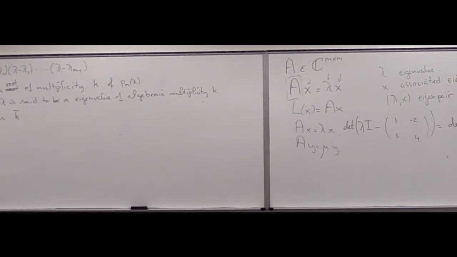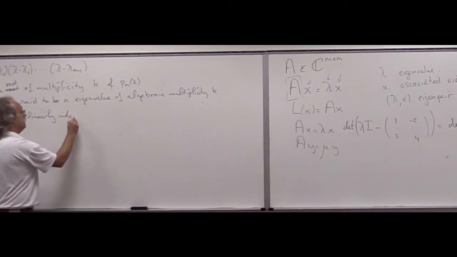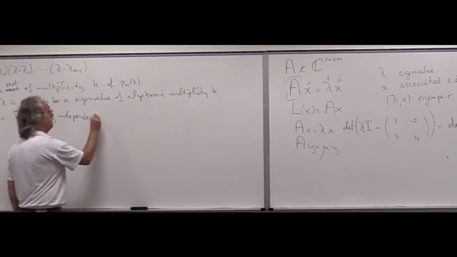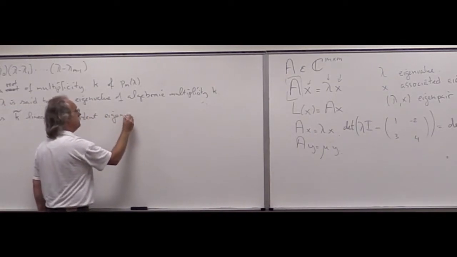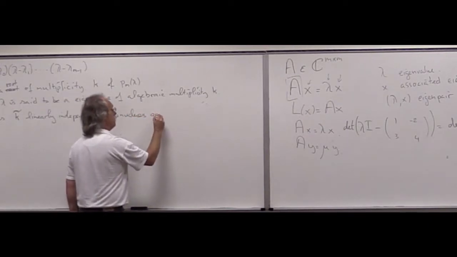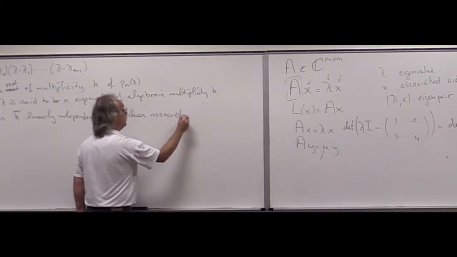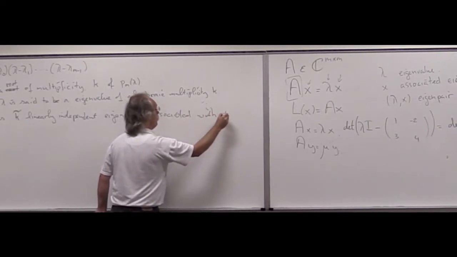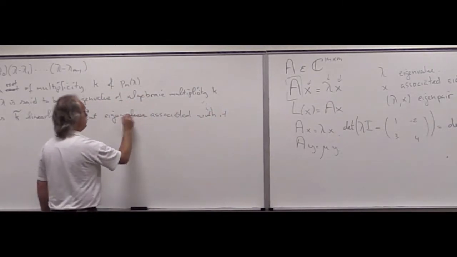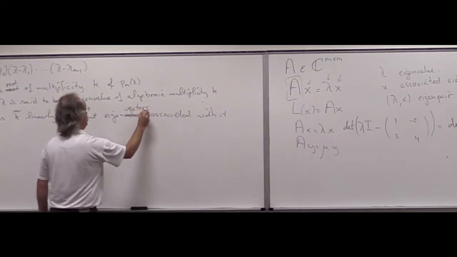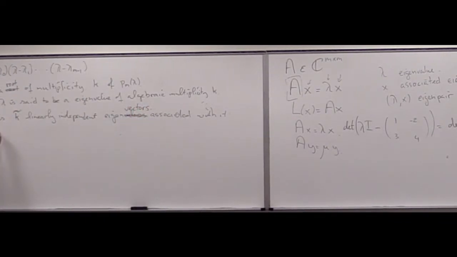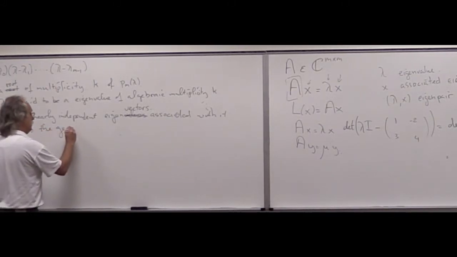Okay? That's the multiplicity. If lambda has, let's call it k tilde, linearly independent eigenvectors associated, then k tilde is the geometric multiplicity.